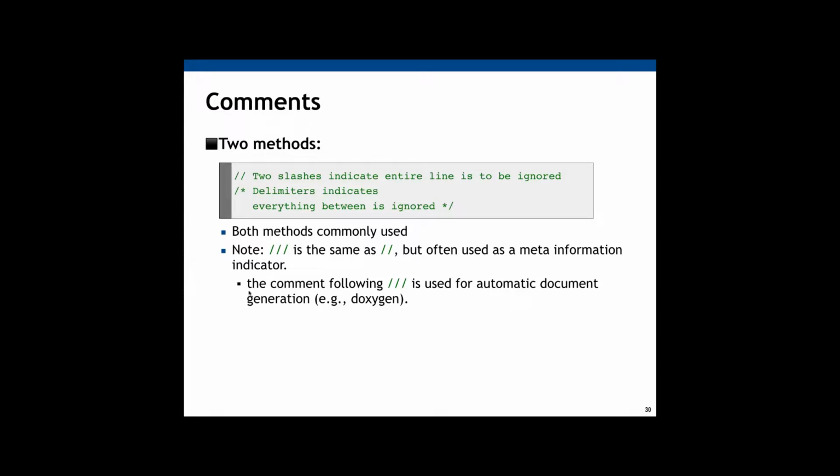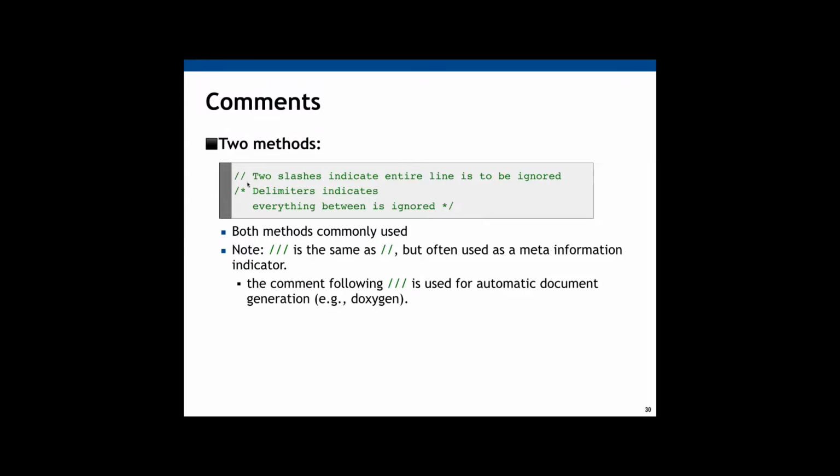The other method is slash and star, used for multiple lines of comments. And there are three slashes, which work the same as two slashes, but usually indicate meta information. Doxygen, the automatic documentation generator, uses these three slashes.